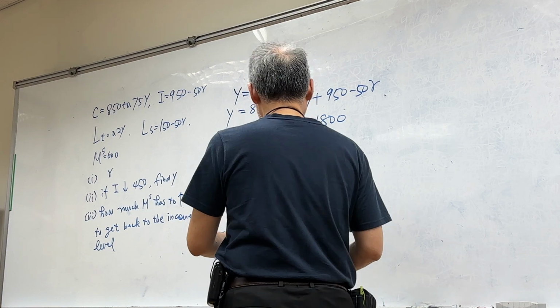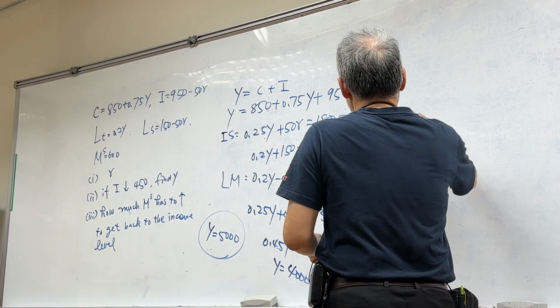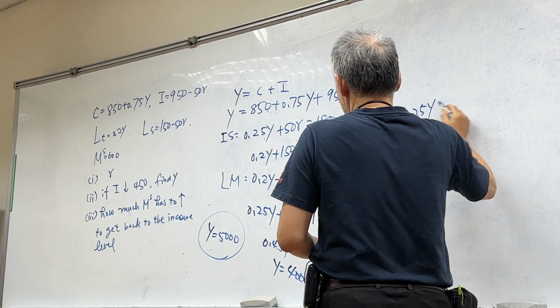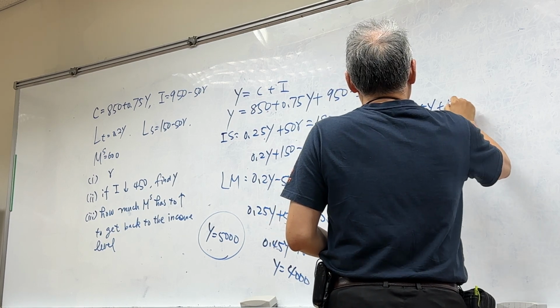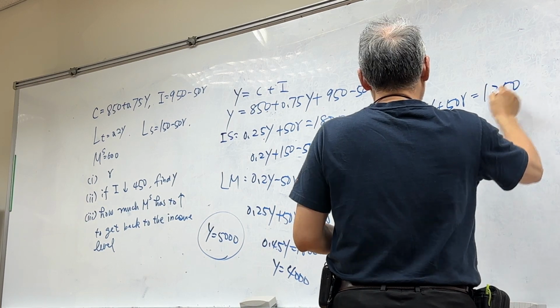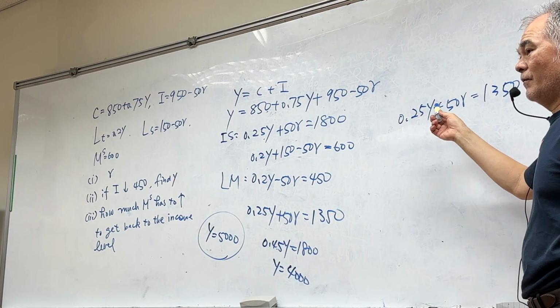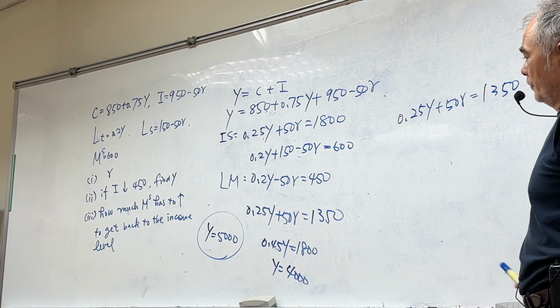So now, this will be the new IS curve: 0.25Y plus 50R is equal to 1350. This is the IS curve with investment going down by 450.